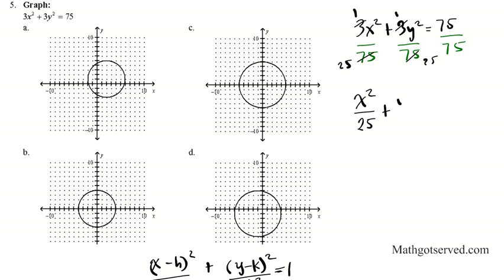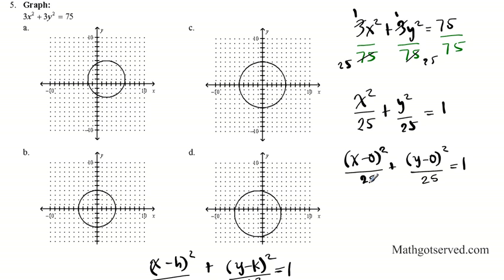So y squared over 25. 75 over 75 is 1. So now I'm going to express this as x minus 0 squared over 25 plus y minus 0 squared over 25 equals 1. Since the denominators are the same, that means it's a circle. Okay, so the center is going to be 0, 0.